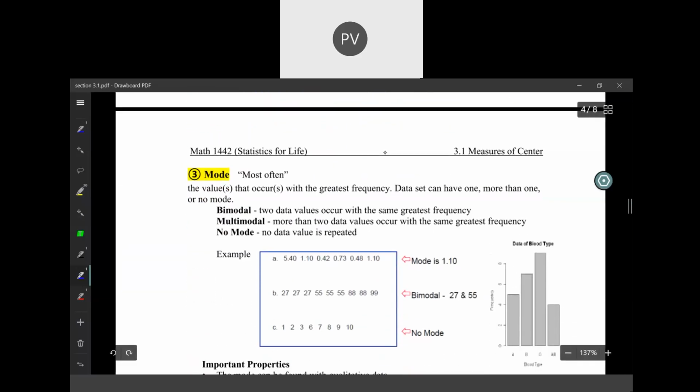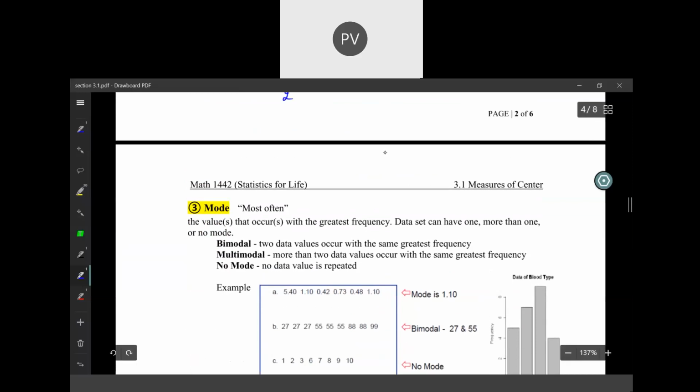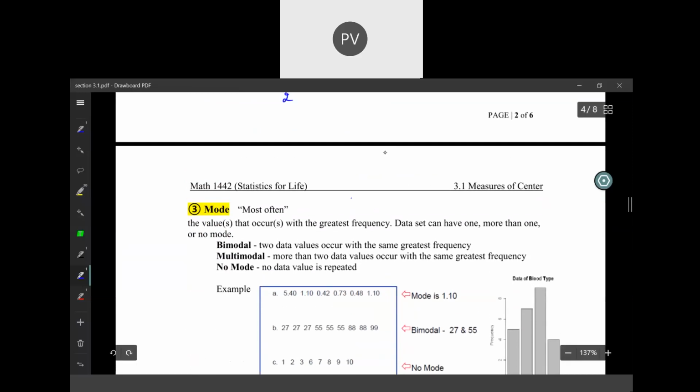Next is mode. What is mode? If you have a data value which is occurring most of the time, then that is called the mode. For example, if I have a data set like this: 2, 2, 2, 2, 1, 1, 3, 4, 5, 6, 6, 6.